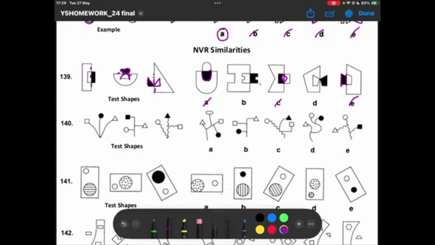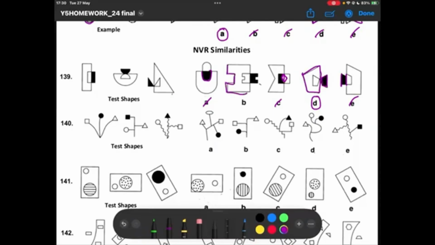So now we're left with B and D, and the answer is D because, as you can see, the outside shape is in the same orientation as the black one, not the white one.